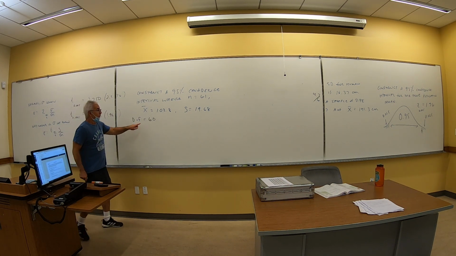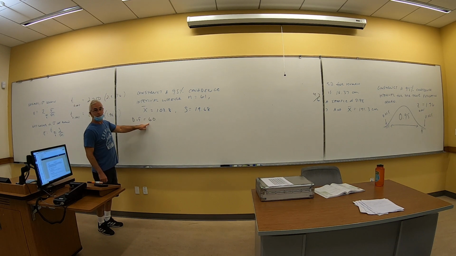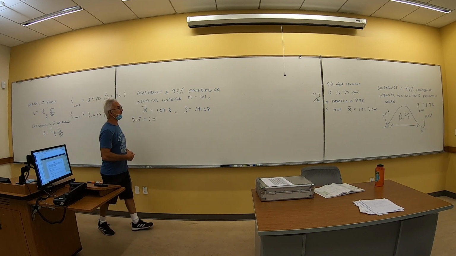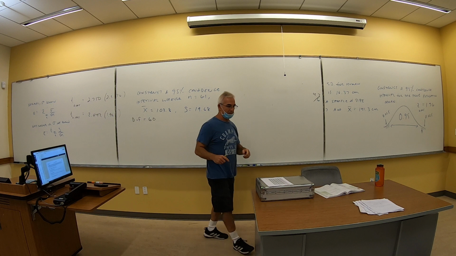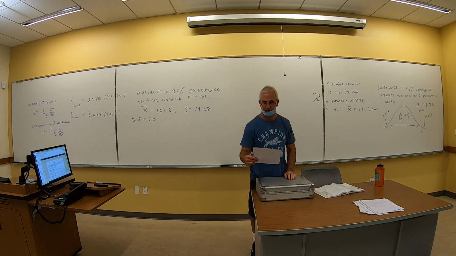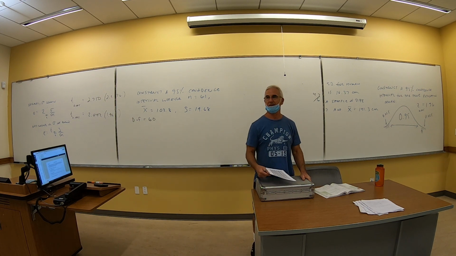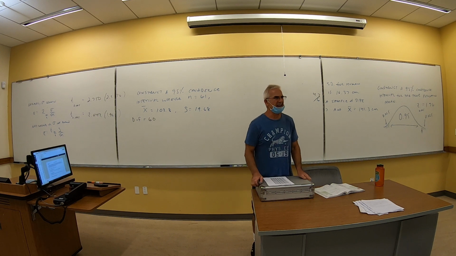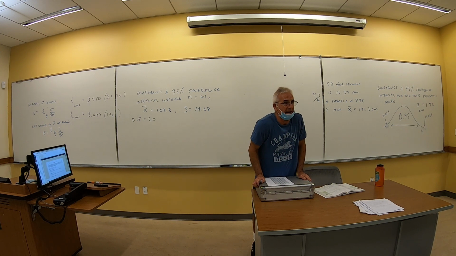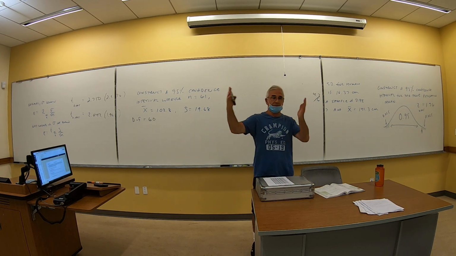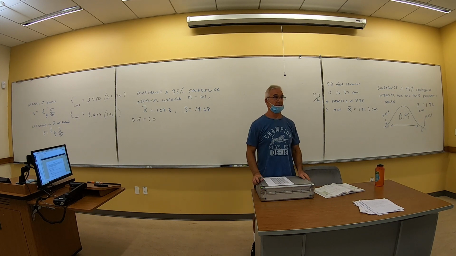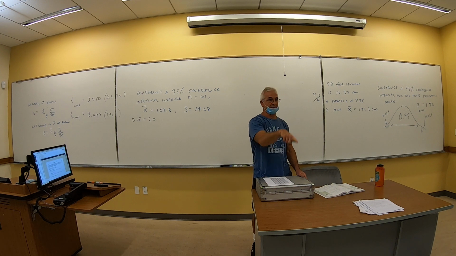Now, that tells me where I'm looking on the table. If I want a 95% confidence interval, on the top row it says area in one tail, but it also says area in two tails. If it's a 95% confidence interval, the total tail probability is 5%, which is the same as 2.5% in one tail. Those are the same column.